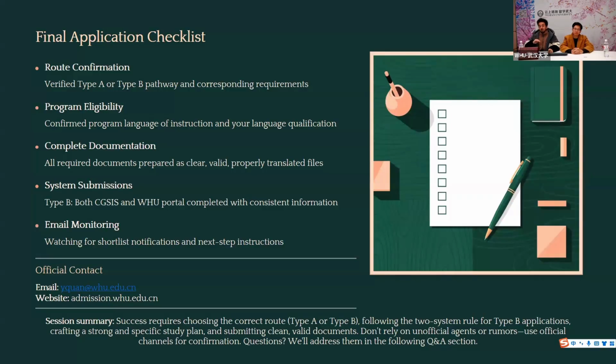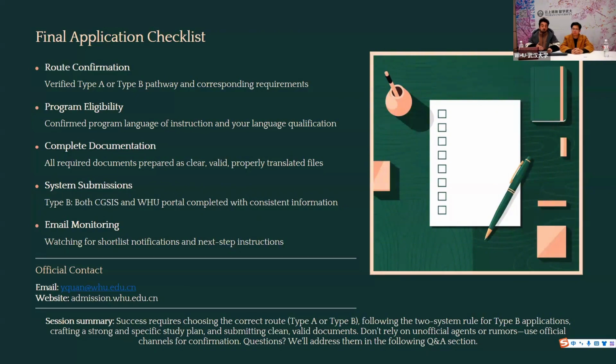This point is something we are urging students on: your information should be consistent and identical in both applications. And the last point is you have to monitor your email. Once you submit your application, you cannot disappear and you cannot stop checking.